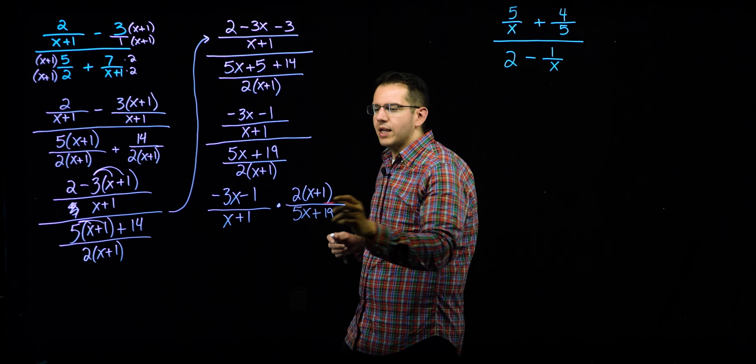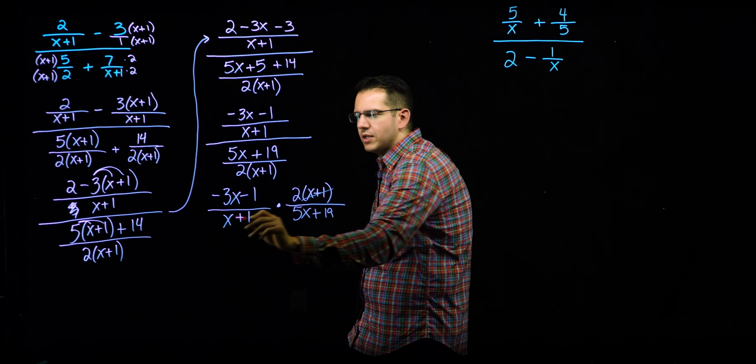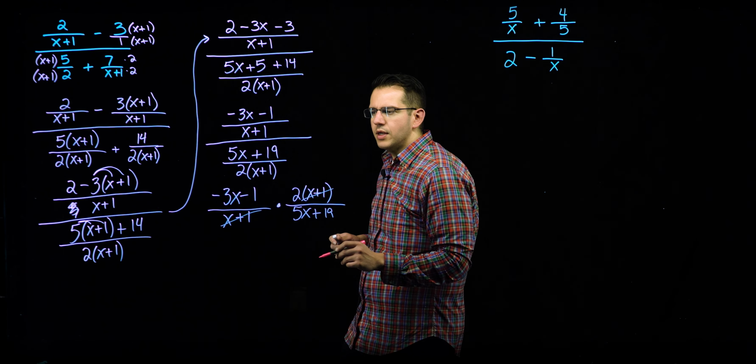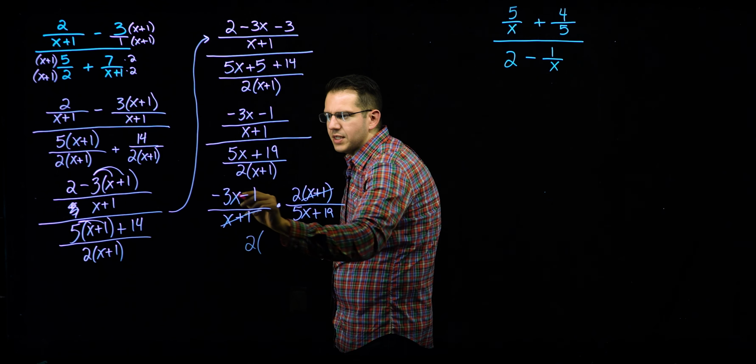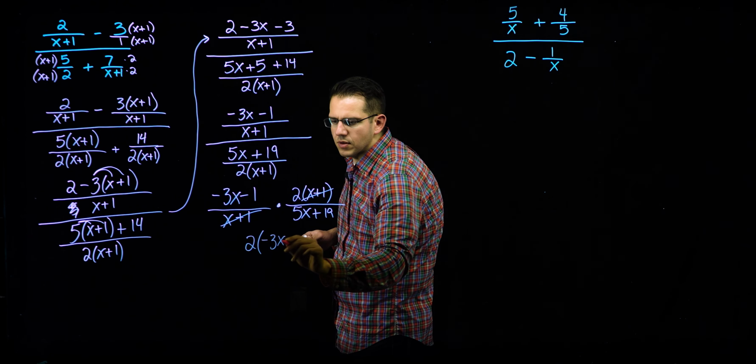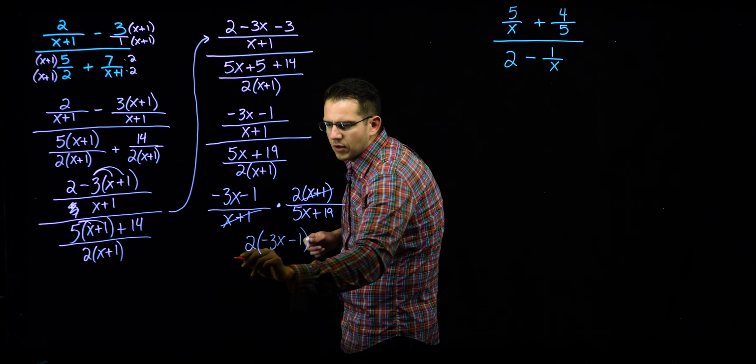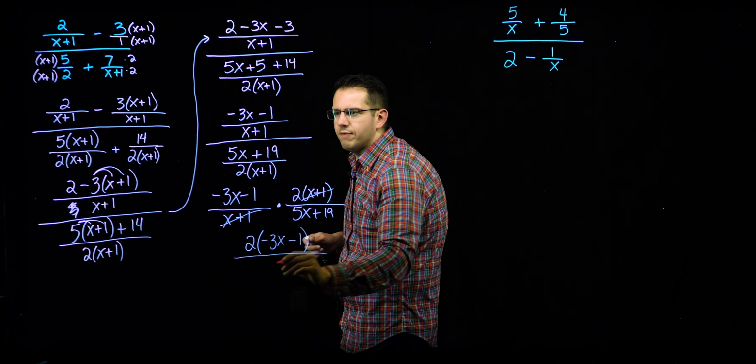And with this, we can cancel out these x plus 1's, leaving us with 2 times negative 3x minus 1 over 5x plus 19.